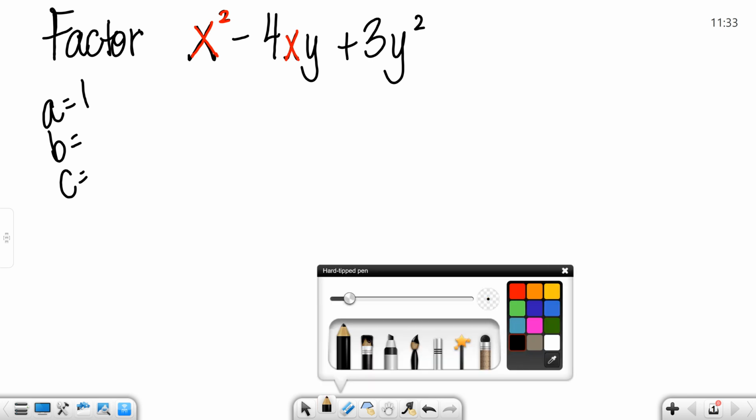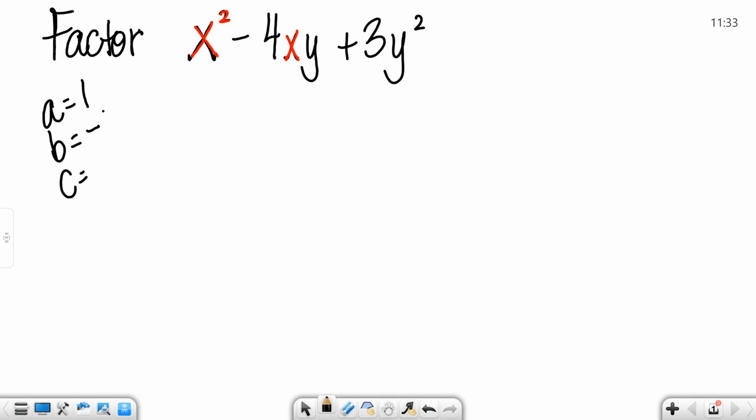Everything else is technically not the variable in my trinomial. So when I identify b, b is everything other than x. It's negative 4y. And c is 3y squared. That is slightly confusing.